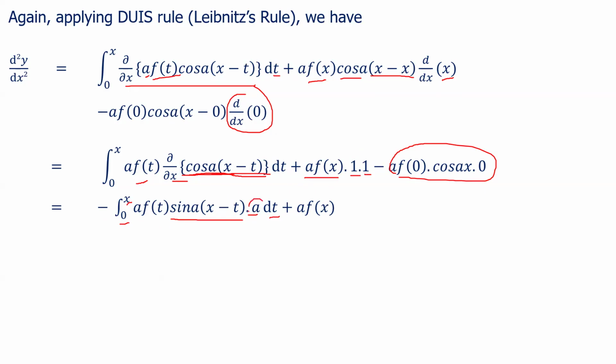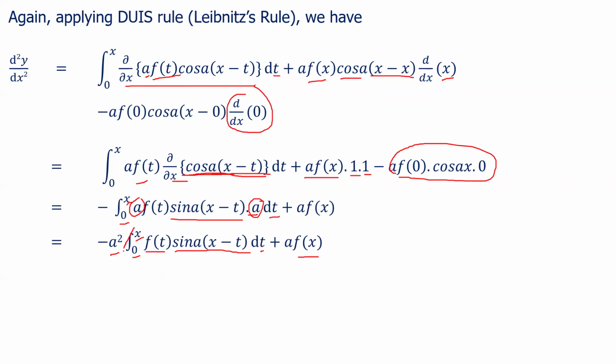Now this a and this a we can take outside the integration. So we have minus a square integration under the limit 0 to x f of t sin a times of x minus t dt plus a times of f of x.